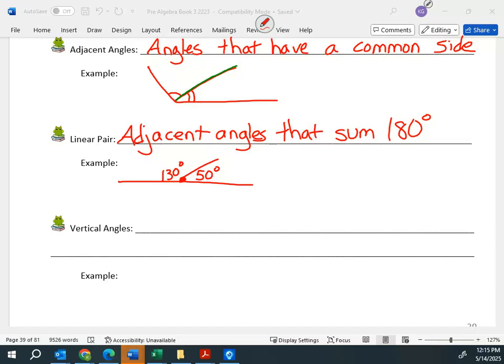Last one on this page, vertical angles. Vertical angles are angles opposite each other at a common vertex.